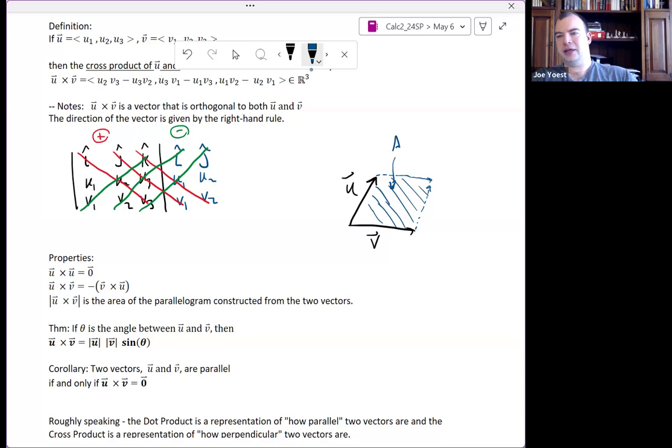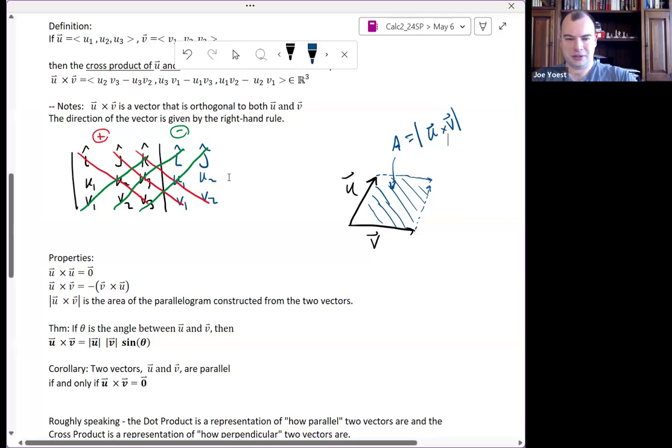This area turns out to be the magnitude of U cross V. Because we're taking a magnitude, it doesn't matter if it's U cross V or V cross U. So it's the area of this parallelogram.